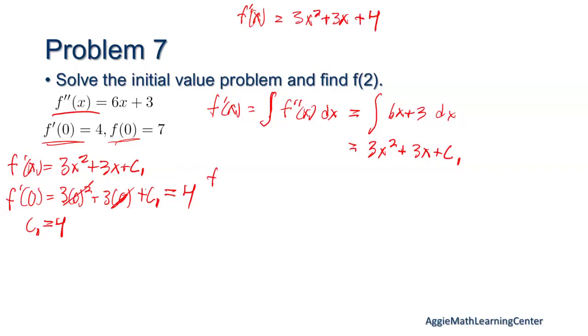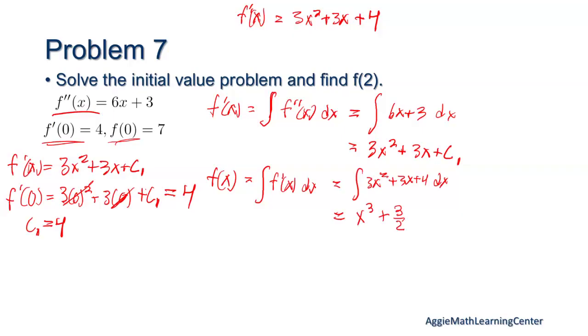And now we need to find f of x. f of x is equal to the integral of f prime of x dx, which is equal to the integral of 3x squared plus 3x plus 4 dx. When we take the integral, we add a power and divide by that power, so that's x cubed, plus 3 halves x squared, plus 4x, and then plus a different constant.